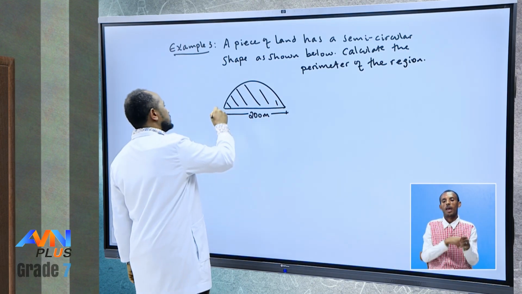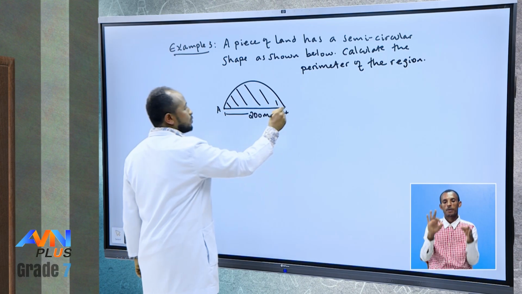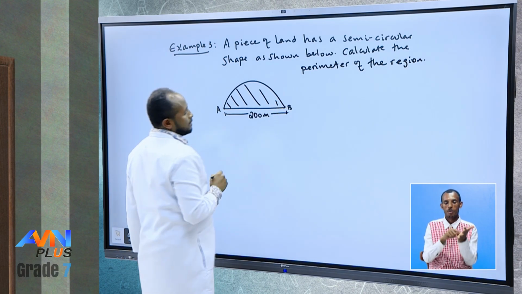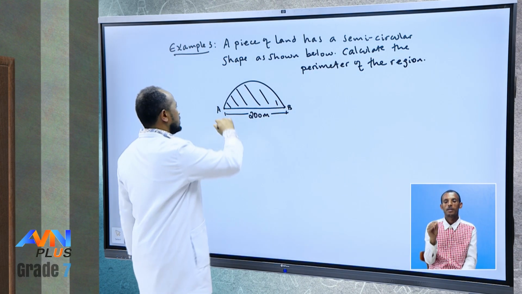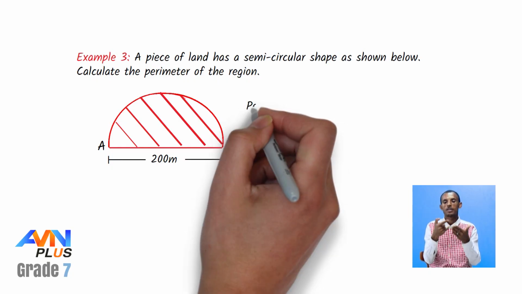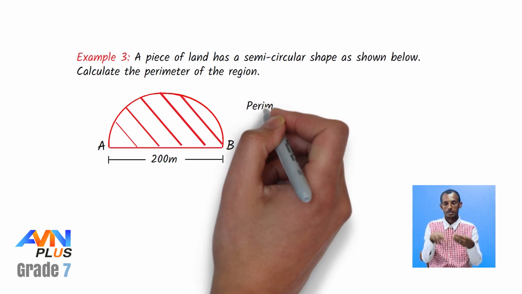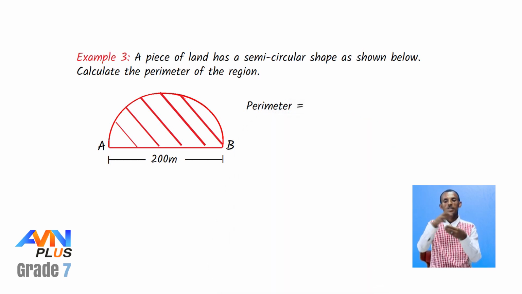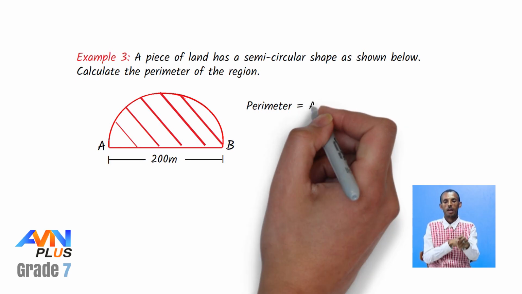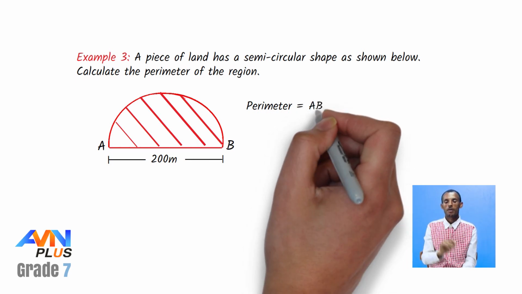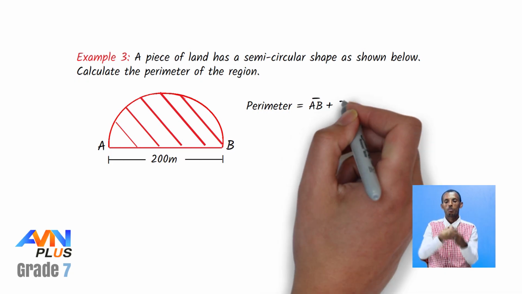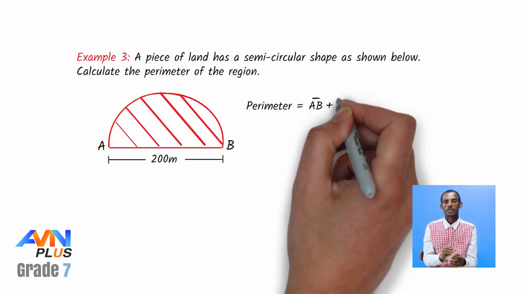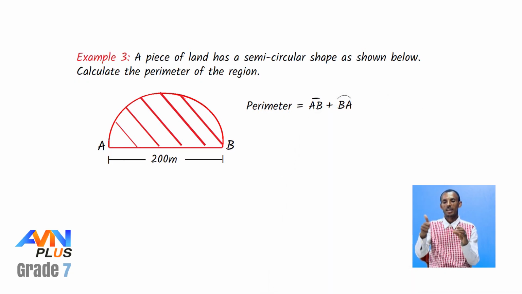So let's assume this point to be A and this point to be B. The perimeter of this region is equal to the length AB plus the arc BA, which is half of a circle.